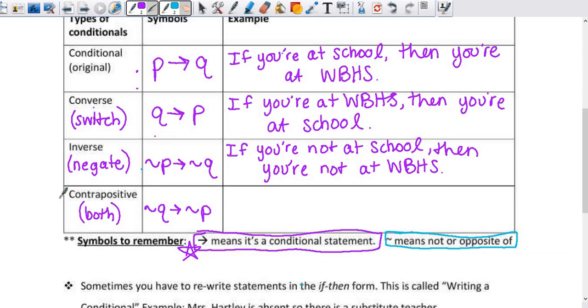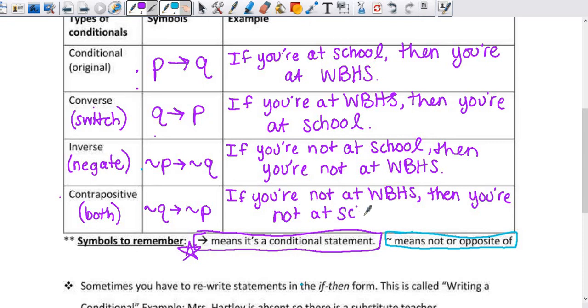All right, so this one would say, if you're not at WBHS, then you're not at school. Okay? So all we did, we took the inverse and switched the order because we needed to have nots and we needed to switch it.